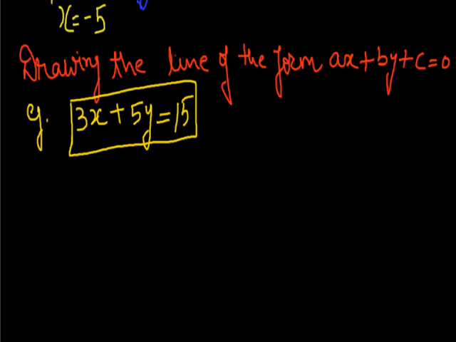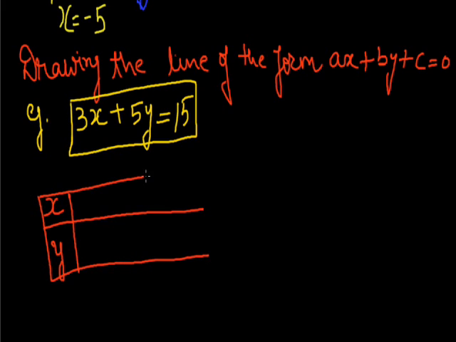For this purpose, we make a table by which we can get the set of points lying on the line. This line has an infinite number of points on it. For drawing the line we need a minimum of 2 points, and for the calculation we will calculate 3 or 4 points. How to get the points on the line?